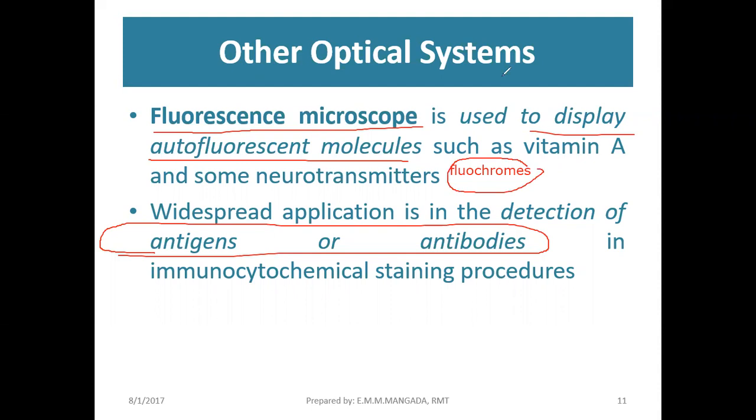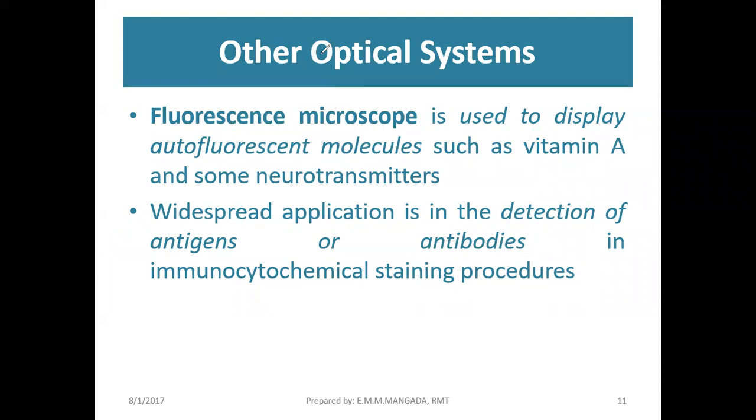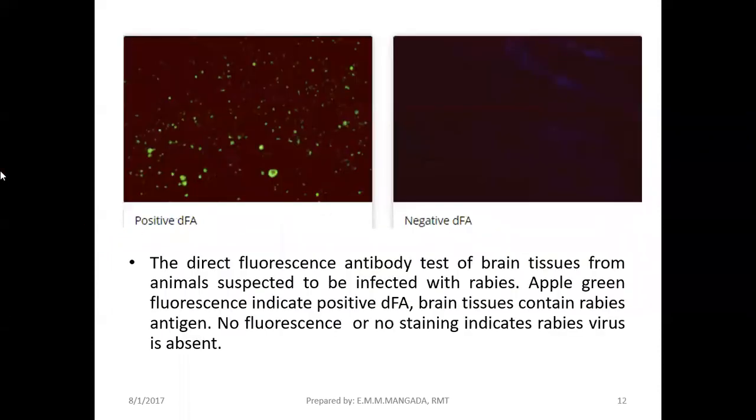Okay? So guys, we have here a slide showing a picture of your positive direct fluorescent assay and your negative direct fluorescent assay. These pictures are actually of what has been observed under your fluorescent microscope.